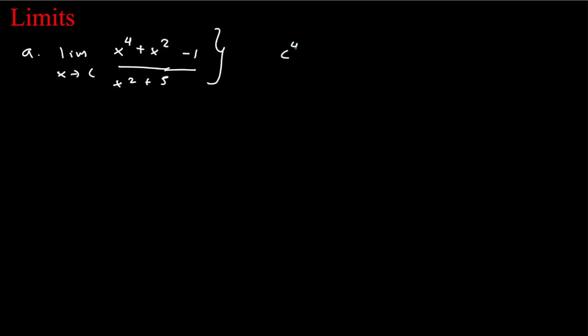For this, we just plug in c, and then we get our answer: c to the power 4 plus c squared minus 1 over c squared plus 5. If this doesn't really make sense, you could try to put the limit in each one of these terms, and then we add it up.